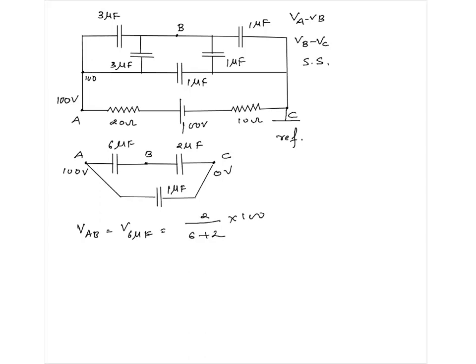So 2 by 8, 1 by 4, 25 volts. 25 volts should be the potential difference. So if this is 100, this should be 75. And VB minus VC is obviously 75 minus 0.